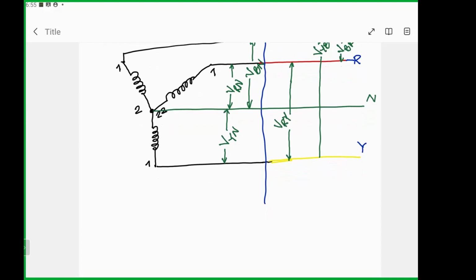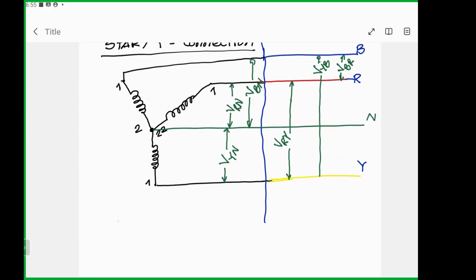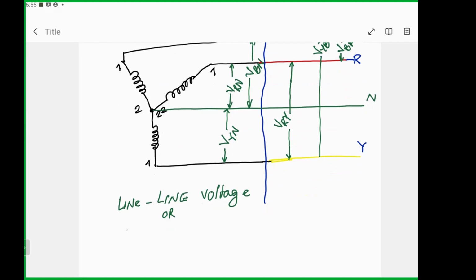Now we can name these depending on the voltage between the lines. They are termed as line to line voltage, or simply line voltage. And they will be specified as VL or VLL.